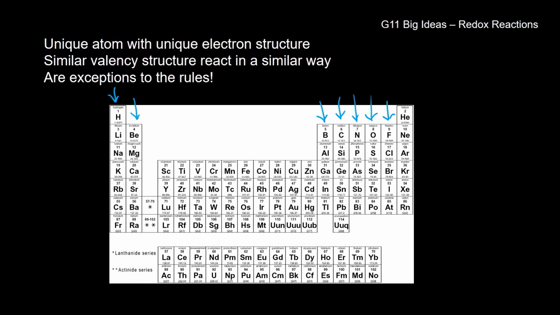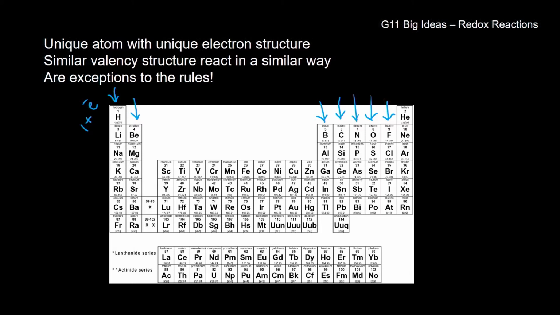And so if we look at the periodic table, we see that all the elements in group 1 will behave in a similar way. So on my screen here, we have the periodic table. Group 1 will generally give 1 electron away, and it becomes a 1 plus ion.